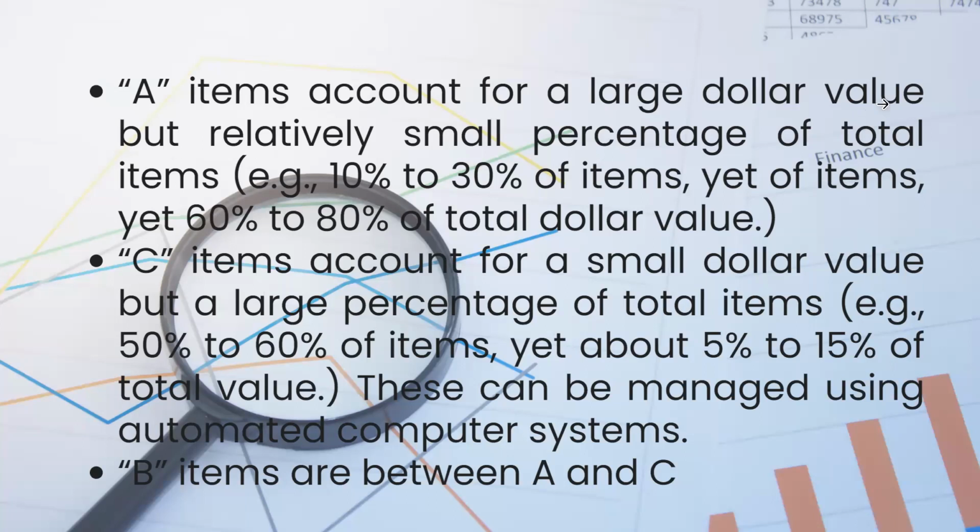Example, 50% to 60% of items, yet about 5% to 15% of total value. This can be managed using automated computer systems. And then yung letter B, sinabi ko nga, items are between A and C. Napapagitaan lang siya ng dalawa.